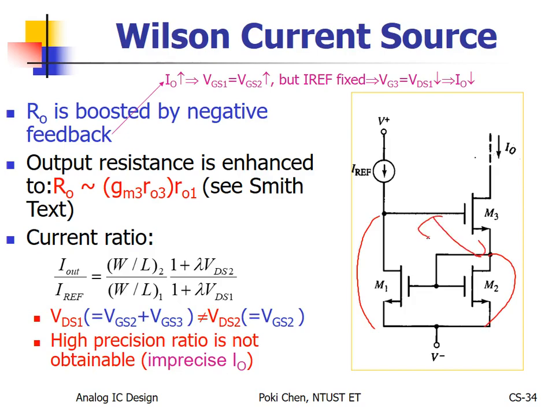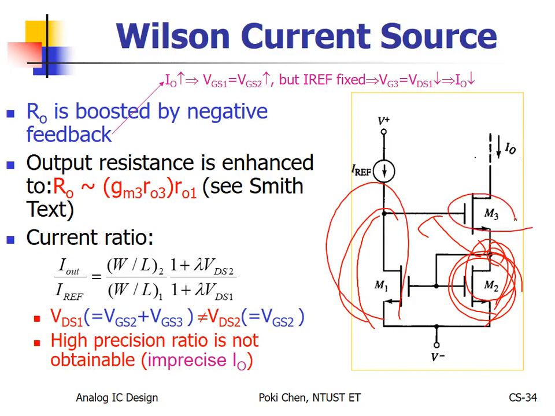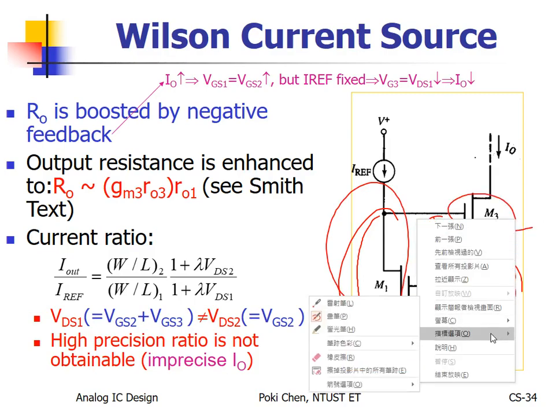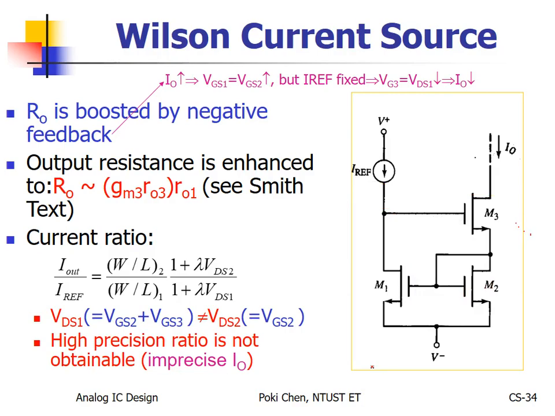According to the saturation region, the voltage here needs to be 1 VTH and 1 delta V lower, right? So channel length modulation will make the output current of M2 less than I reference. And M3 is again a current buffer. It means the current here will flow through M3 100% to the output. That's it.